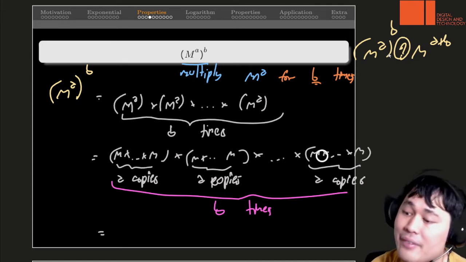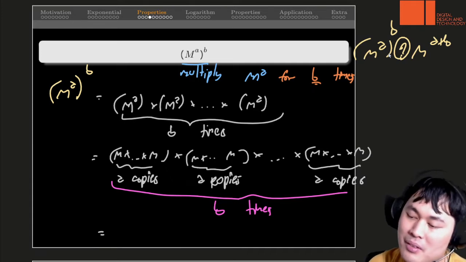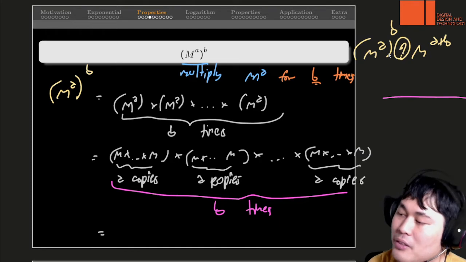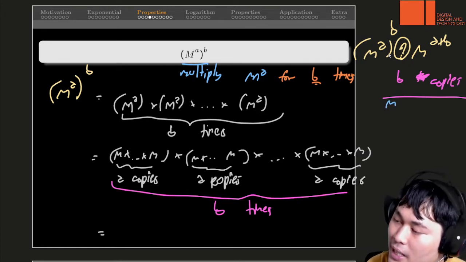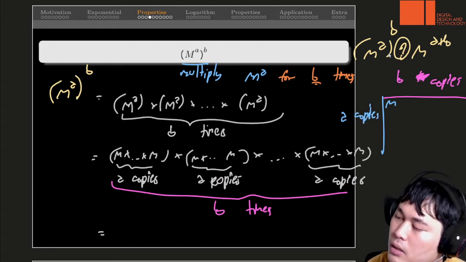And if you ask how many copies of m there are overall, maybe it's difficult to see if we write it this way. But if you write it this way, there are b copies of each parenthesis, and each of them has a copies of m. You multiply them a times.